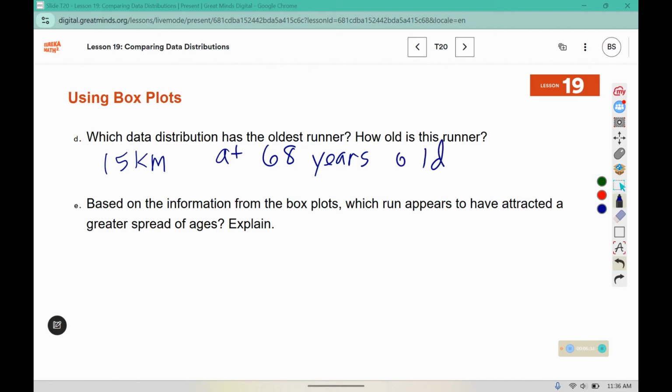Based on the information from the box plot, which run appears to have attracted a greater spread of ages? Explain. Well, the 15-kilometer race has a greater range and a greater IQR. So the 15-kilometer race has attracted a greater spread.